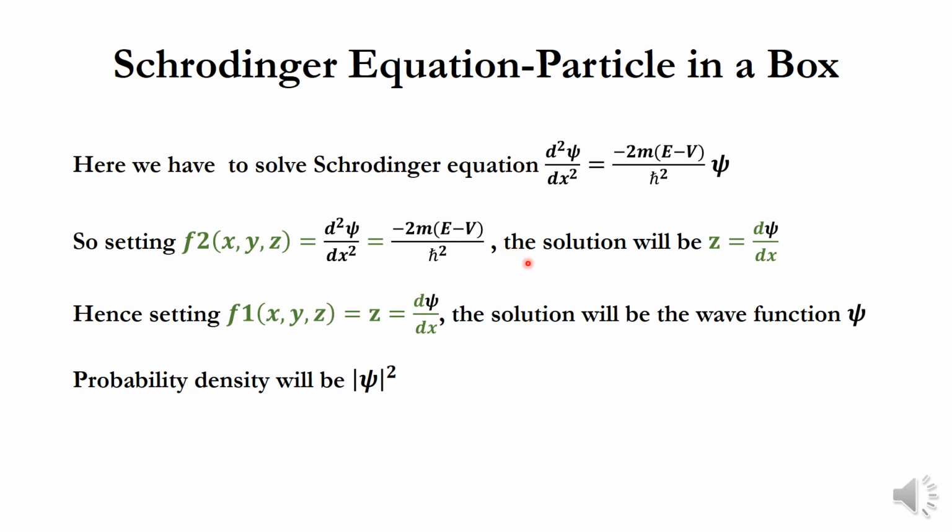So the solution will be the integral of d²psi/dx², that is z = dpsi/dx. Integrating once more, by setting z = dpsi/dx = f1(x, y, z), we get the solution psi, the wave function psi. The probability density then will be mod psi squared.